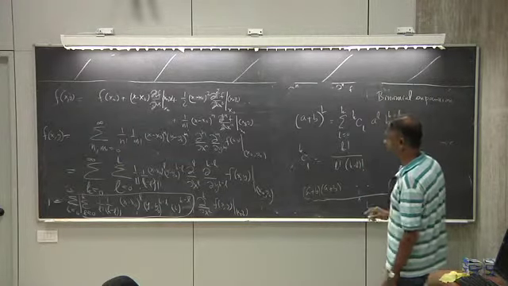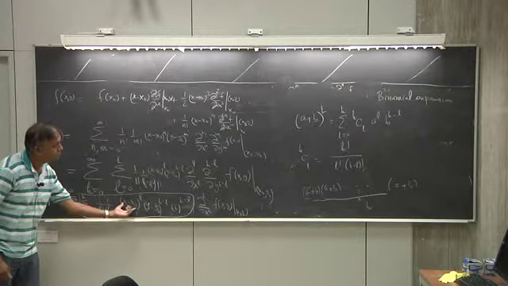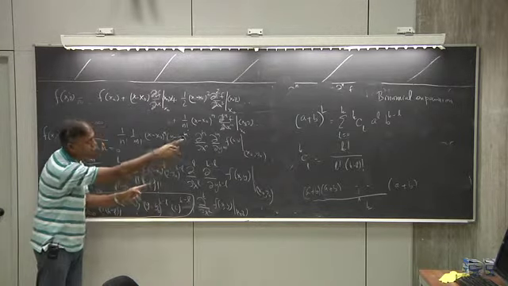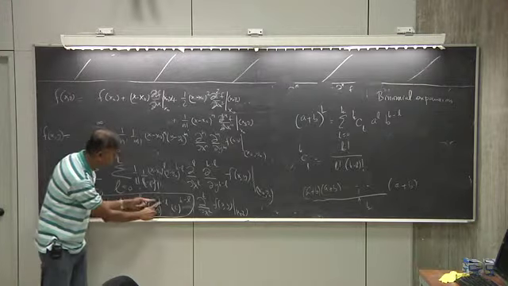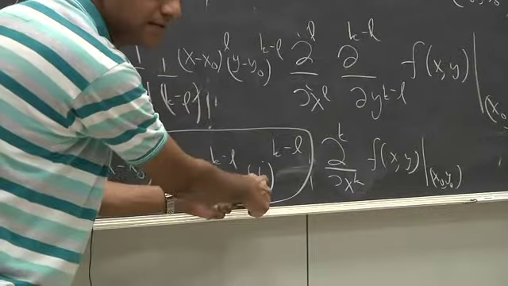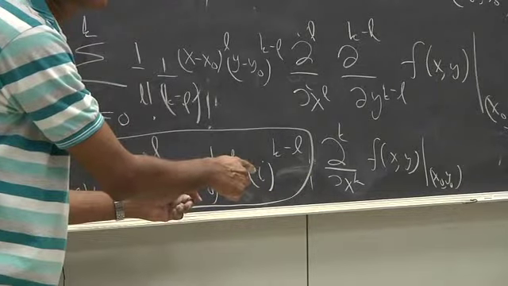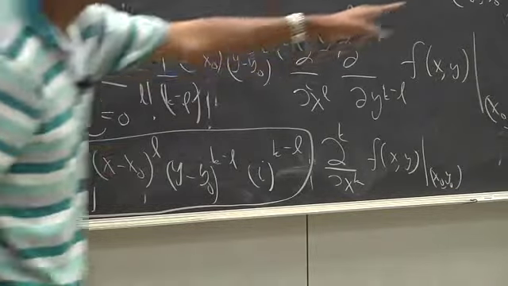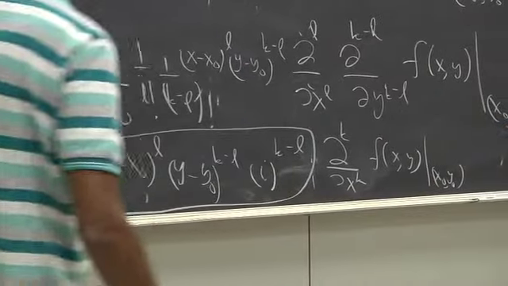Okay. So you see, if you look at that now, take a to be x minus x0 and b to be, I mean, b is what? Everything which appears with the power k minus l. Now look at what appears with the power k minus l. It is i times (y minus y0) to the k minus l, right? And then this combinatoric factor is exactly right, except that the 1 over factorial k is missing. So let me multiply and divide by factorial k.